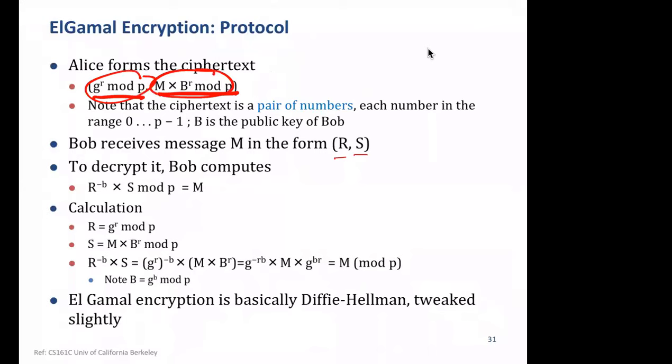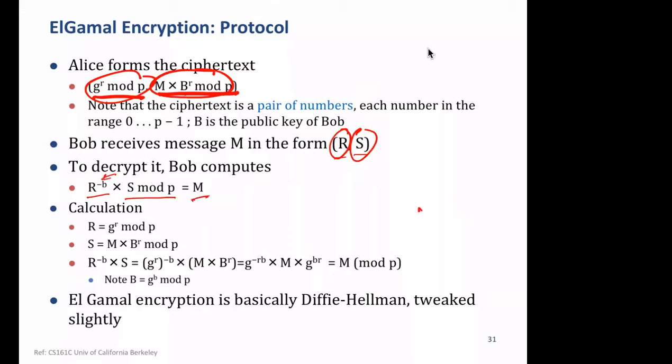So Bob has to operate on these two numbers to decrypt this message. Bob computes R raised to the power minus b, where b is Bob's private key, multiplied by S mod P, to get the value of M.